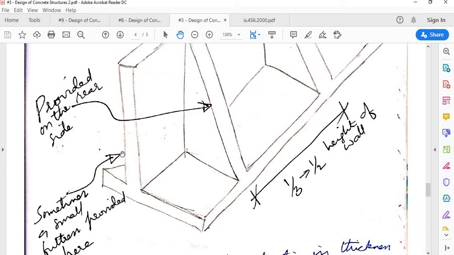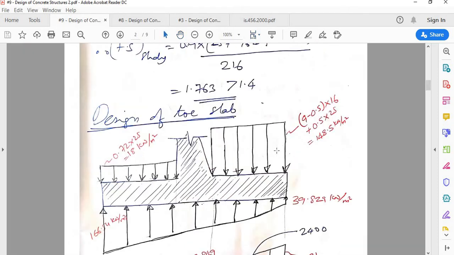Okay, so if you don't provide a buttress, then the behavior of the toe slab is just like the toe slab of a normal cantilever retaining wall. Both are cantilevering about the vertical stem. So here in this problem we are not providing any buttress, so this toe slab is exactly behaving like the toe slab of a cantilever retaining wall.